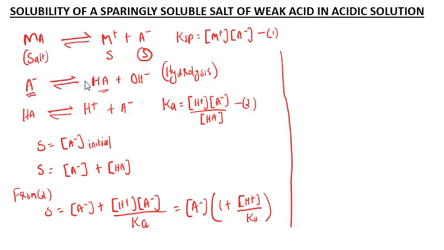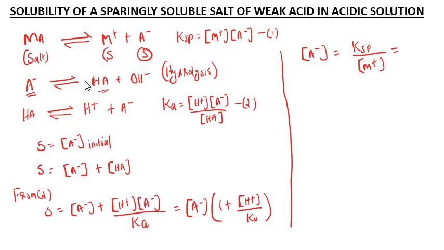Now we know from the first equation that Ksp is equal to the concentration of M+ times the concentration of A-, so the concentration of A- is equal to Ksp divided by the concentration of M+. The concentration of M+ we already know is S only.